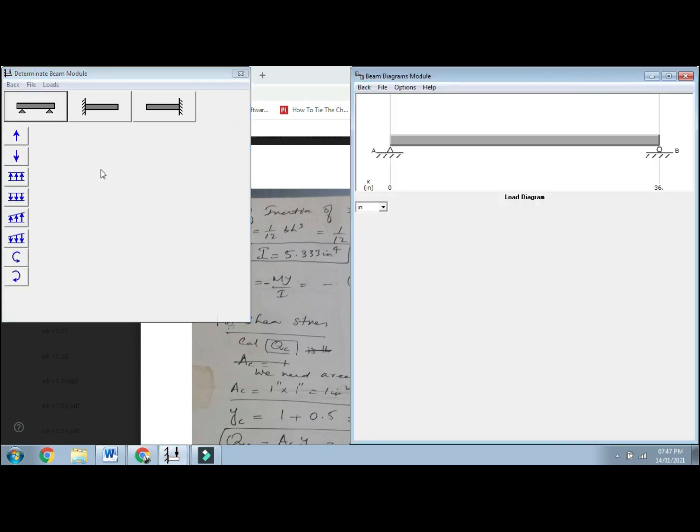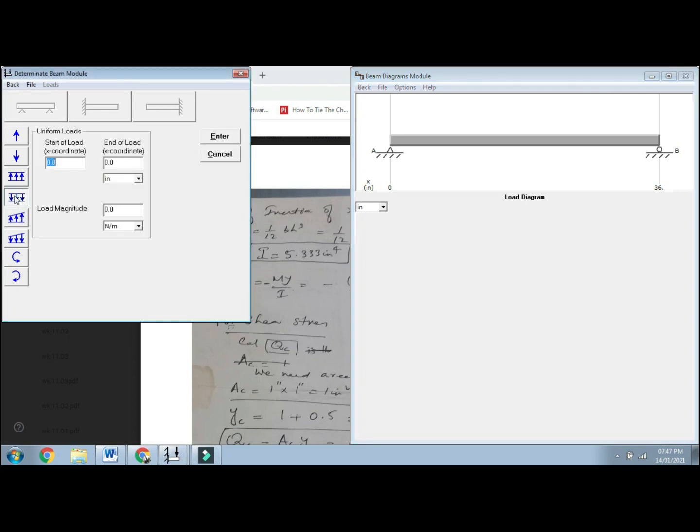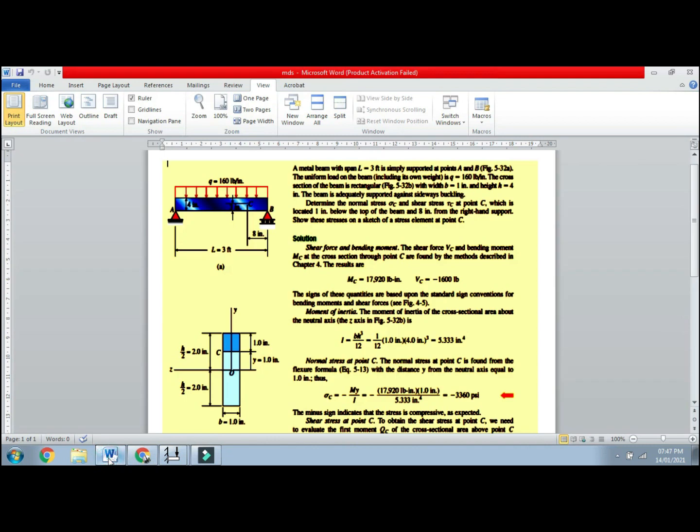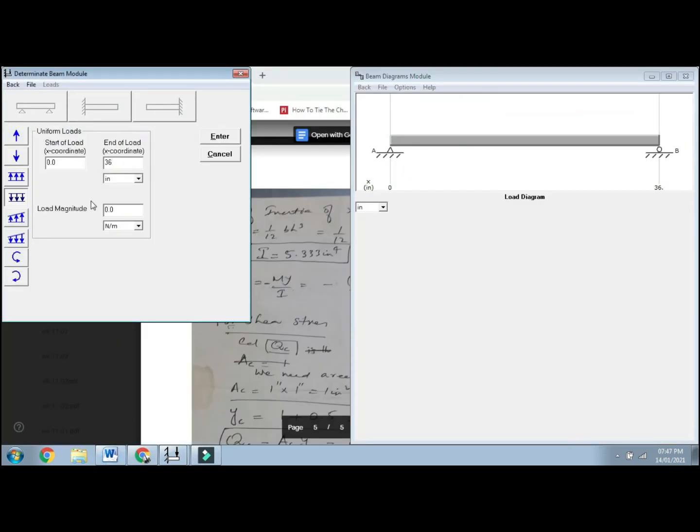The loading is a UDL acting downwards, not upwards. It starts at 0 and ends at 36. What is the load magnitude? 160.